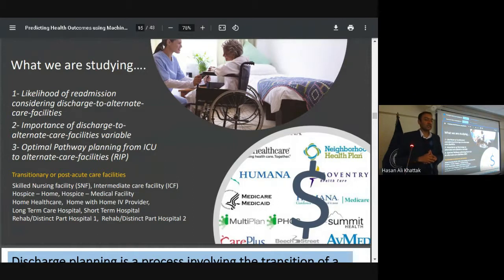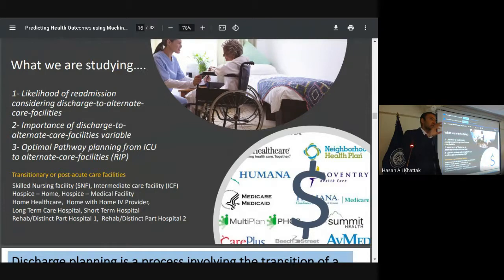The second point is, in general, the importance of this discharge to alternate care facility variable. For people who are sent directly to their homes, how likely are they to come back, compared to when we send patients to transitionary care instead?